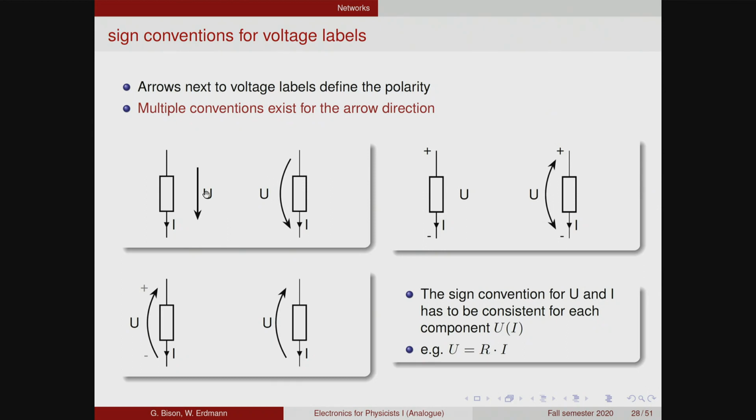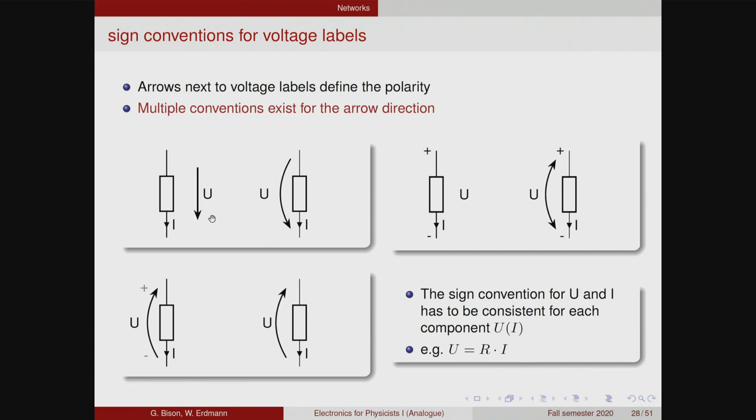Typically it's indicated by an arrow across the component. So if you have a current going in a certain direction, indicated by this arrow here, then one convention is that this arrow here is parallel to this one.